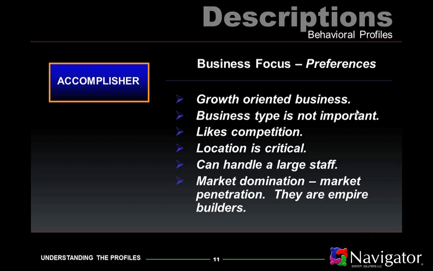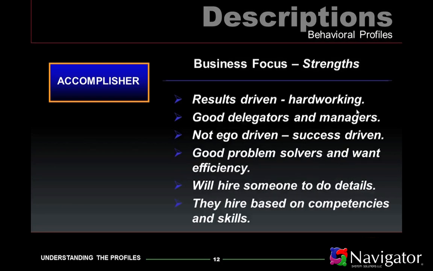Location is going to be very critical because it's got to be in a marketplace that is going to be able to get them to where they want to be and help them reach their goals. And again, as we mentioned, they can handle a large staff, but they're also going to be looking at building empires. So market domination is something that's very important to them. Their strengths are they're very results-driven, hardworking people, good delegators, good managers, not driven by ego.